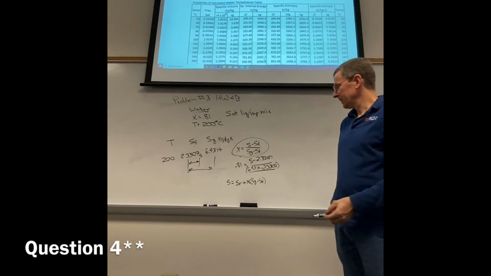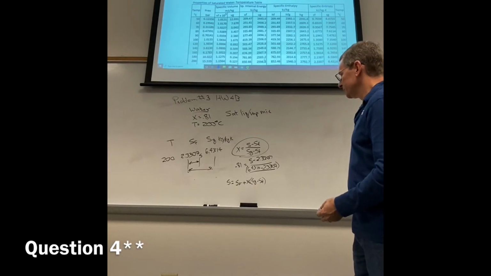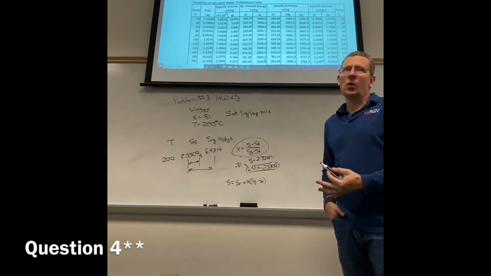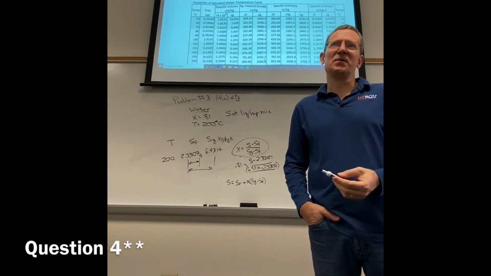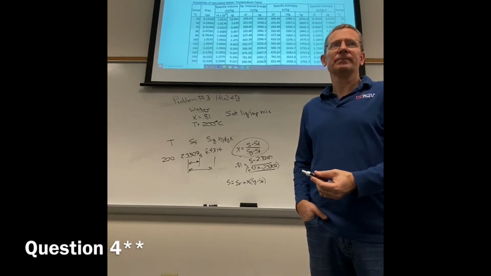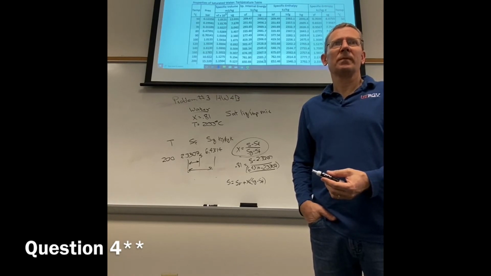X, like you've been using X, is not always for quality though, right? This is just like to represent a variable, or is that X always for quality? In Thermo, X is always quality. I don't think we use X for any other variable in Thermo. So all these are different ways of finding quality.